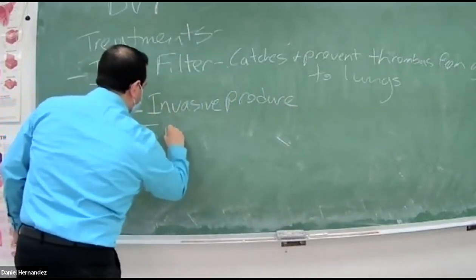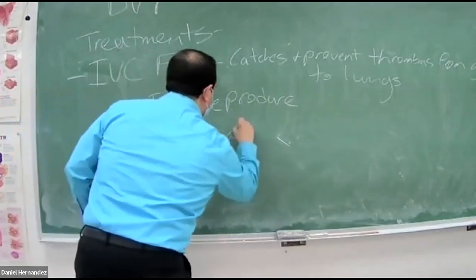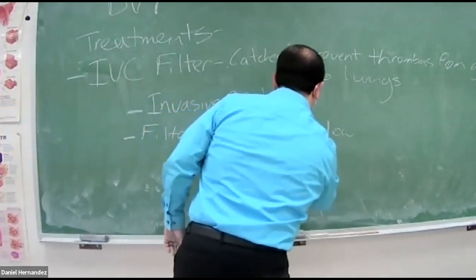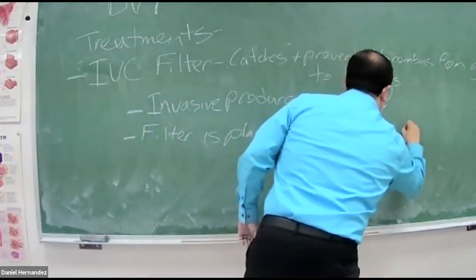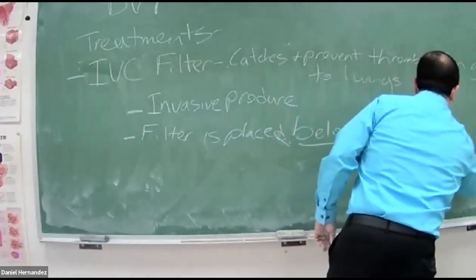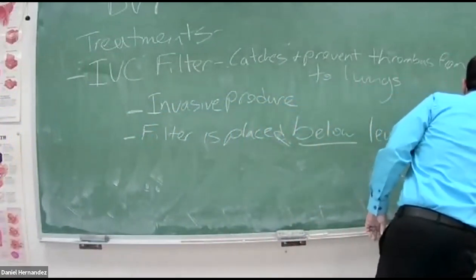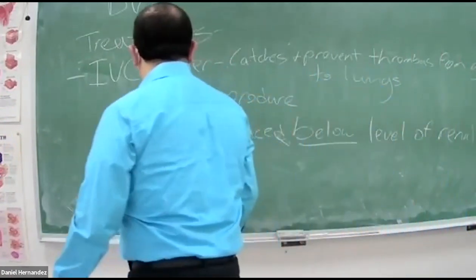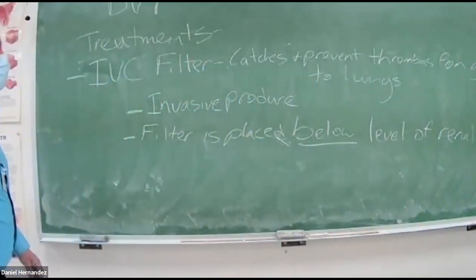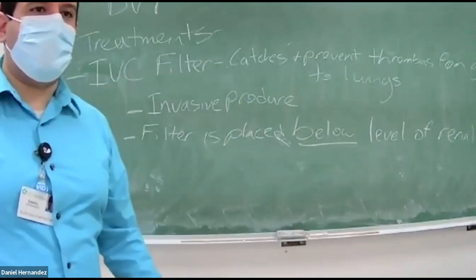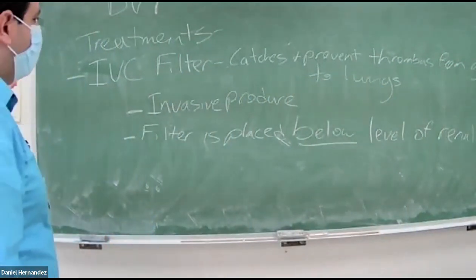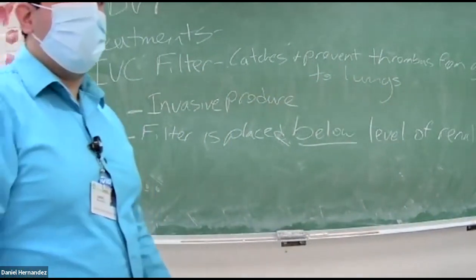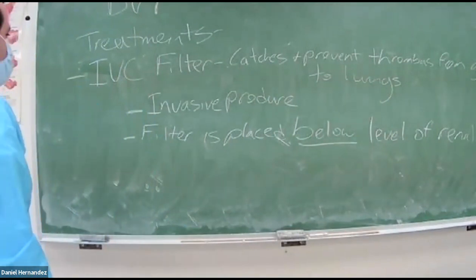Filter is placed below level of renal veins. The reason they do this is they also want to try and protect the kidneys as well. So they don't want any thrombus to potentially go up the IVC and start invading the renal veins. And now you wind up with renal issues and kidney issues on top of your DVT.